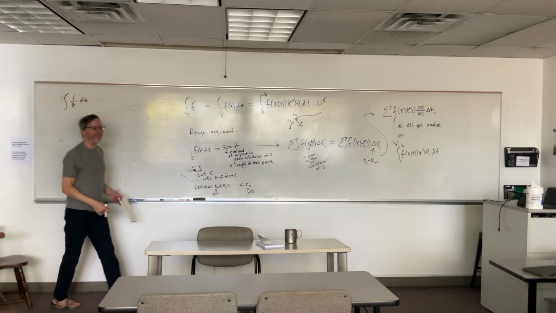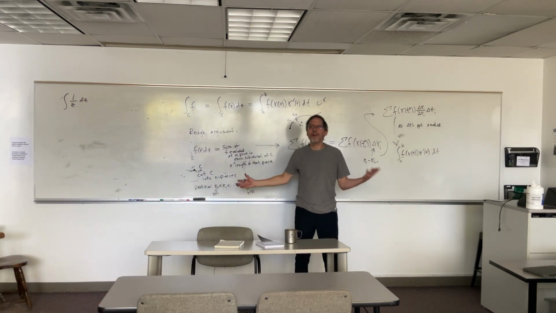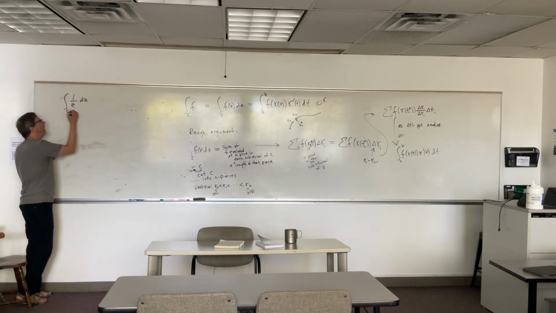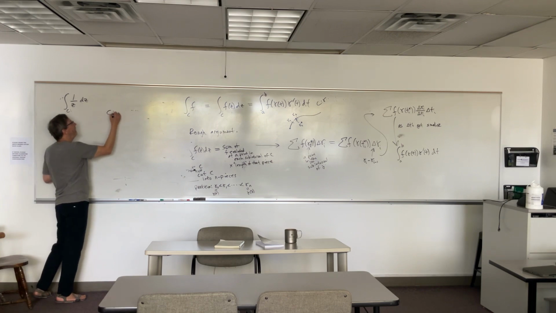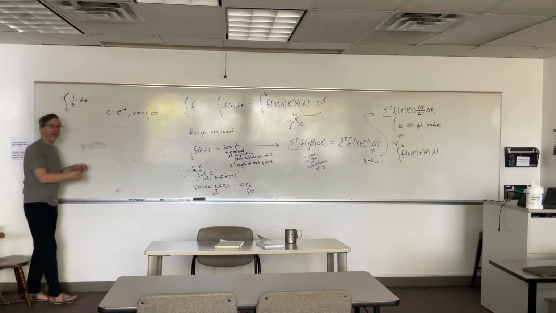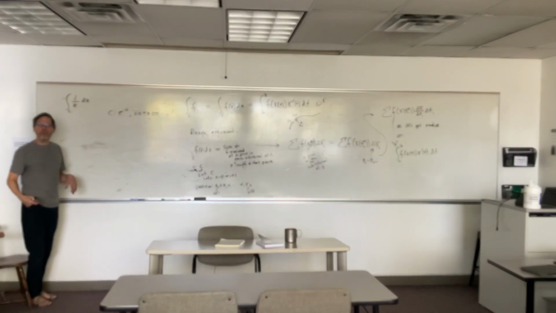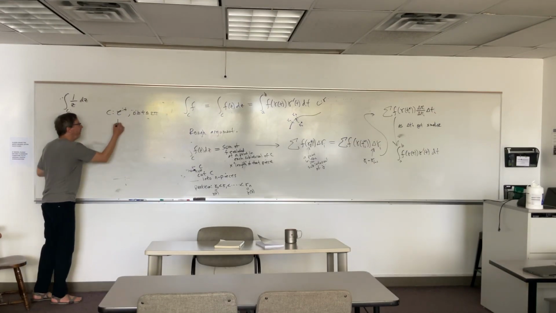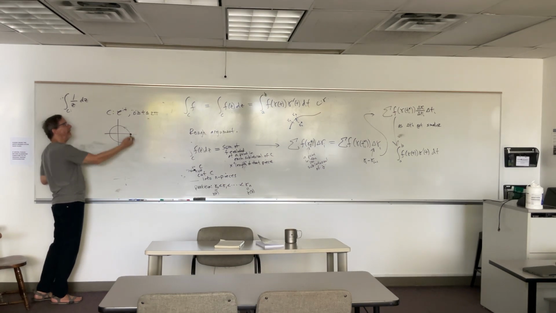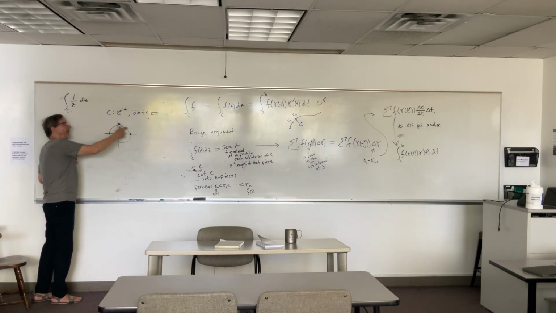I don't have the curve yet, so let's put here the curve C, and then I give you C. C is going to be e to the it, where t runs from 0 to 2 pi. What is that? Circle, centered at the origin. So here's our C. Is it clockwise or counterclockwise? Counterclockwise. We start here and then as t evolves, we just move counterclockwise.